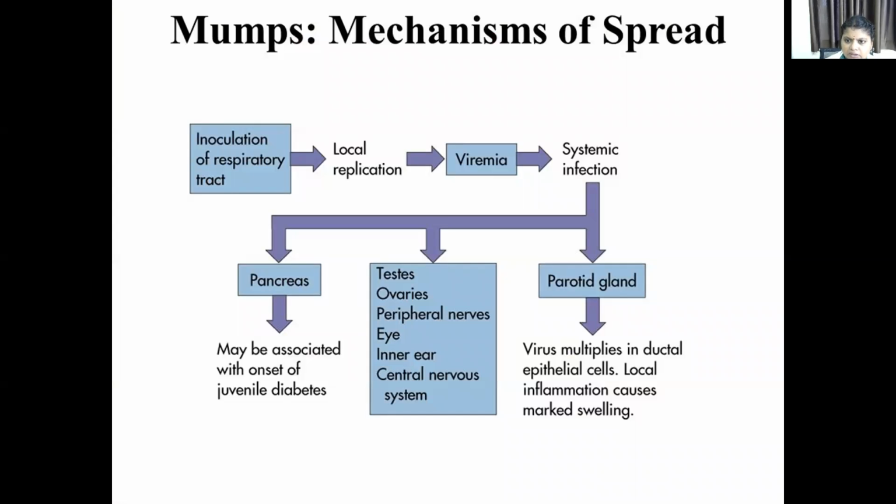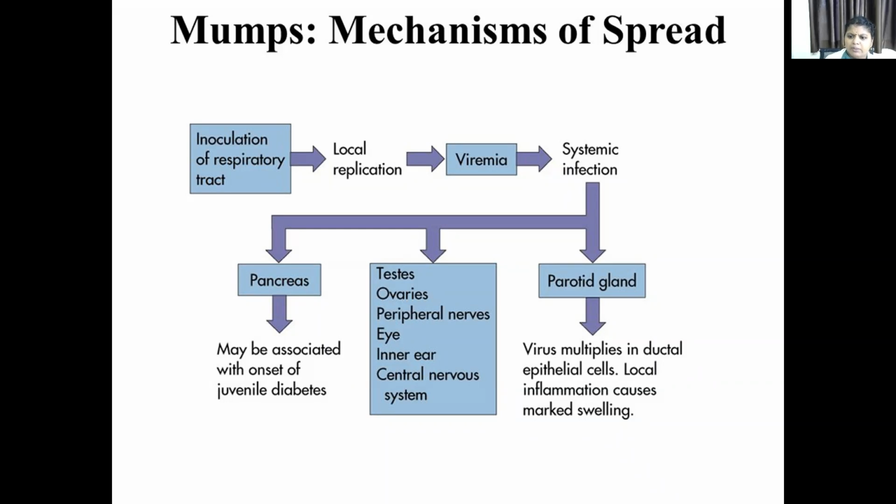After that, it reaches the reticuloendothelial cells, where heavy multiplication takes place. After that, it reaches distant organs like the parotid gland, testis, ovaries, peripheral nerves, eyes, inner ear, central nervous system, and sometimes it also affects the pancreas. It's nothing but a secondary viremia.